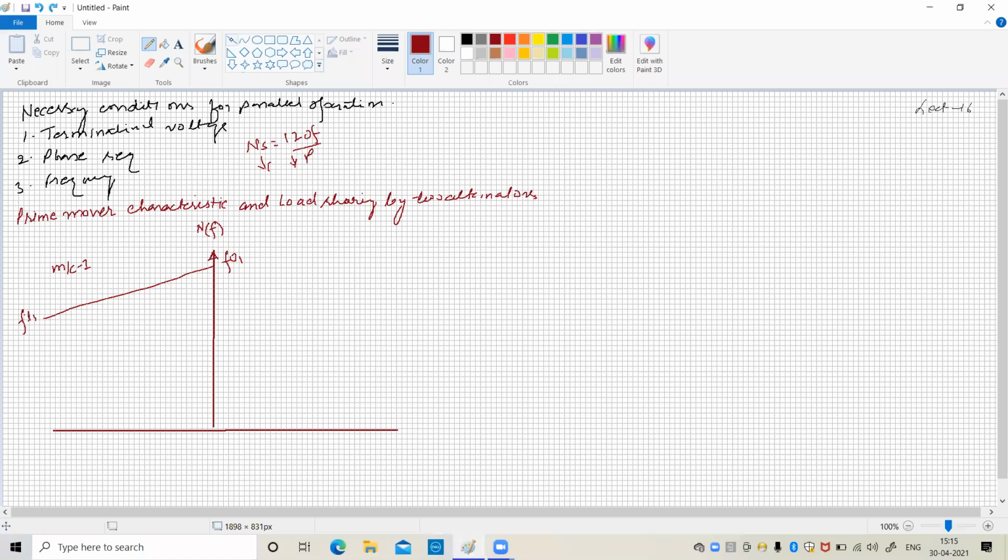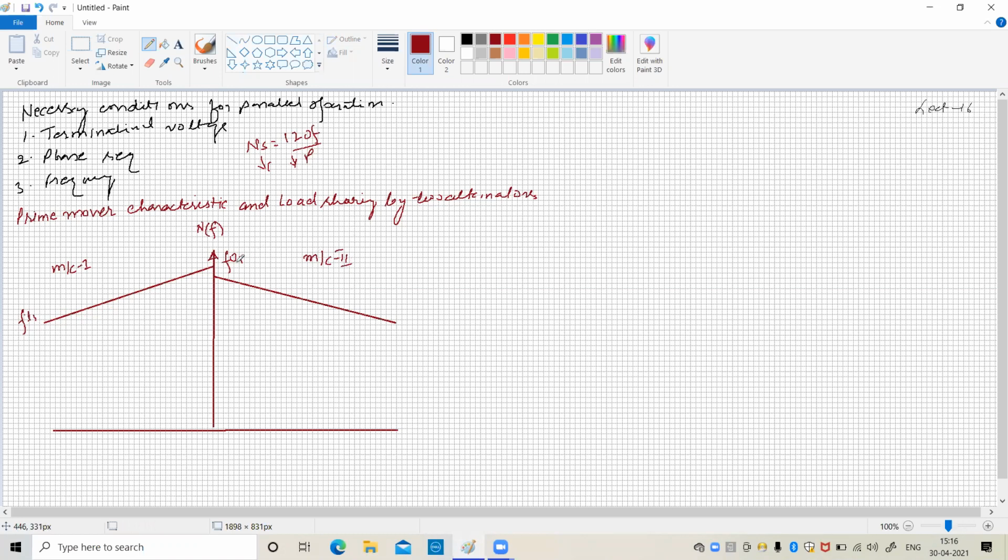You can draw it with the help of a straight line. This is machine 1 and machine 2.